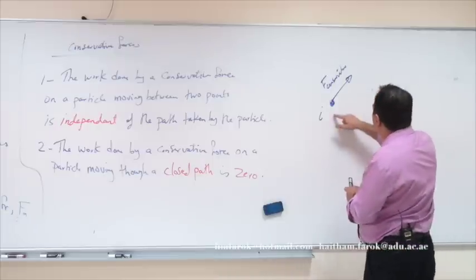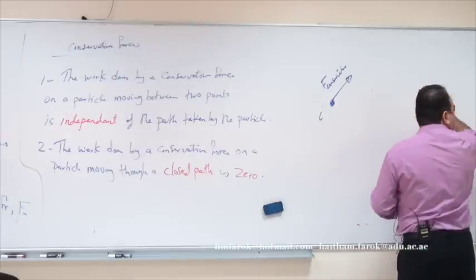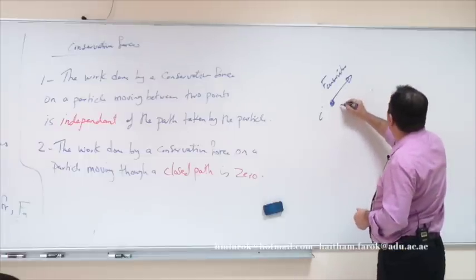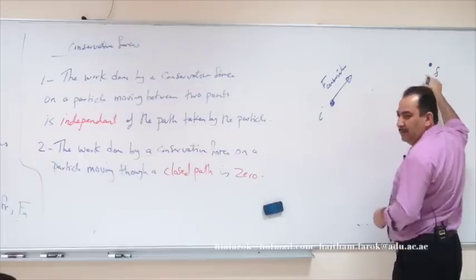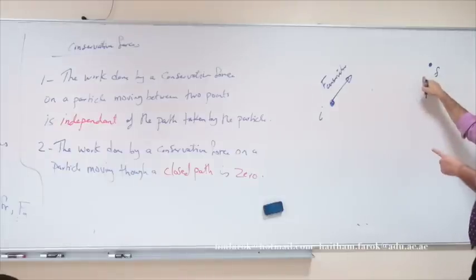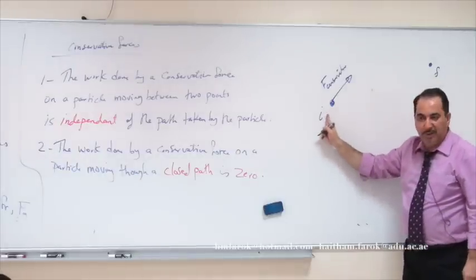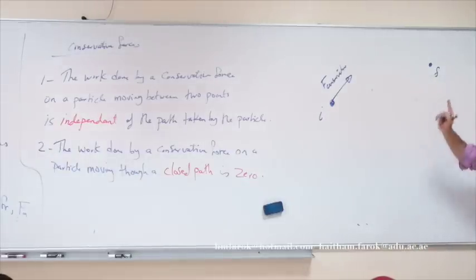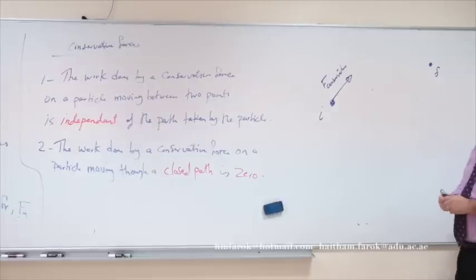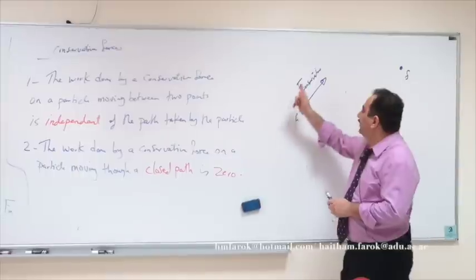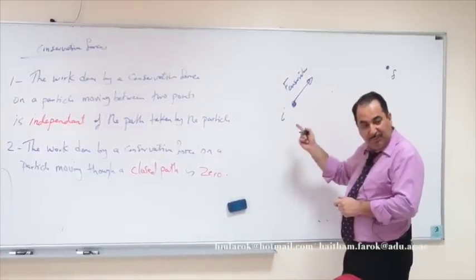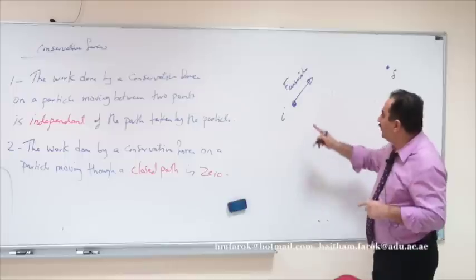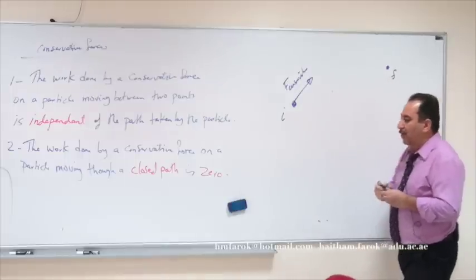Suppose that finally it's here. When you apply the force, the object moves from the initial position to the final position, yeah? Now, if this force is conservative, you'll find the work done by this force does not depend on the path between I and F.